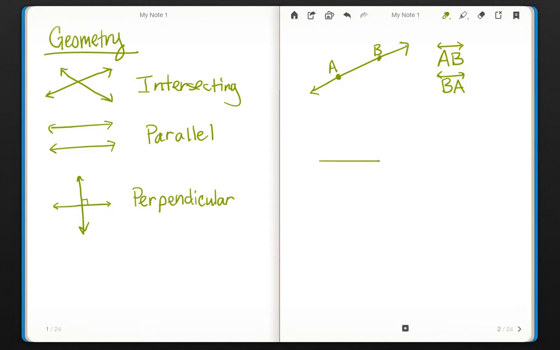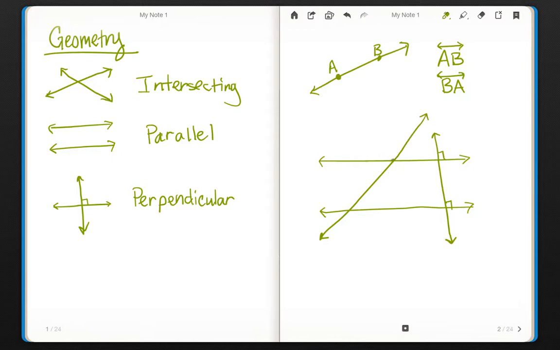So let me give you a picture here, and you're going to practice this on your own a little bit later. These two lines are parallel, and then I've got a line here, and I didn't quite draw that perfectly, but we'll just assume that that is hitting it at right angles. And then let's draw another line coming through here. And why don't you draw this in your notes as well.